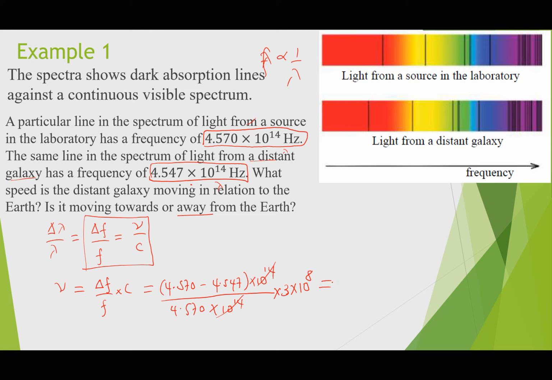So I have to check with my calculator. 4.57 minus 4.547, divide by 4.57, times 3 times 10 to the power 8.